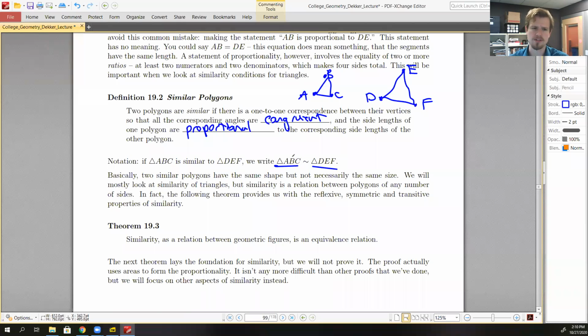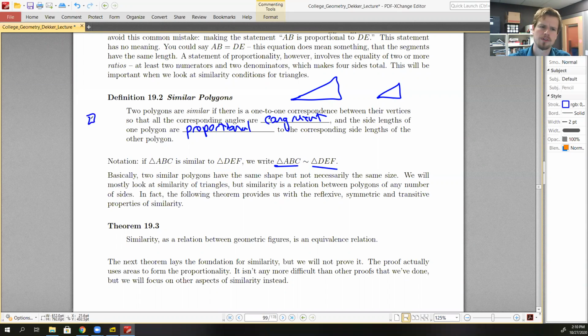So that is the notation for similar. And we have something that you're probably familiar with, right? The polygons are similar to one another if they have what appears to be essentially the same shape, but possibly different sizes. So all of these angles match, but the side lengths don't, but they're similar, okay?